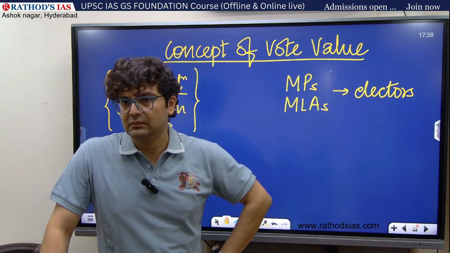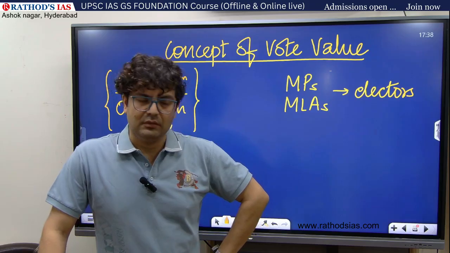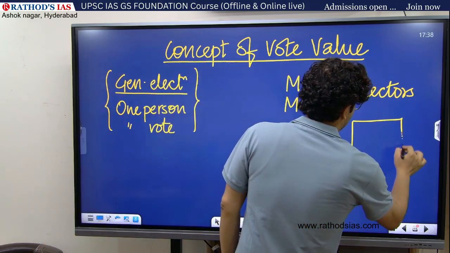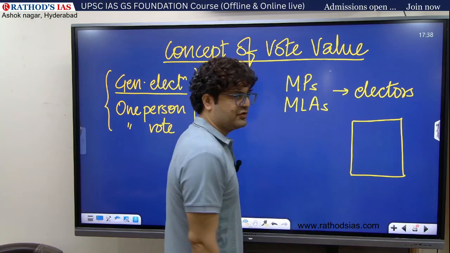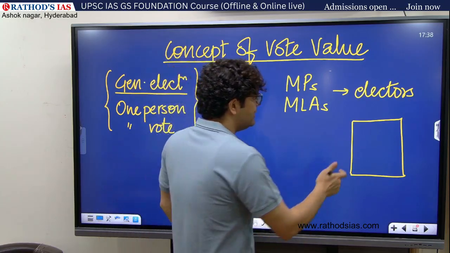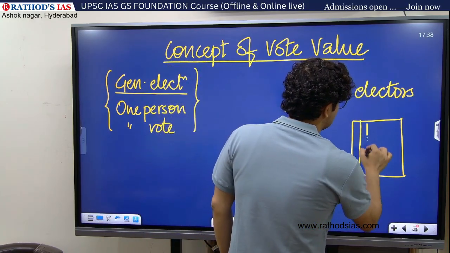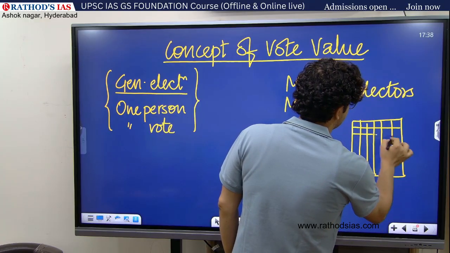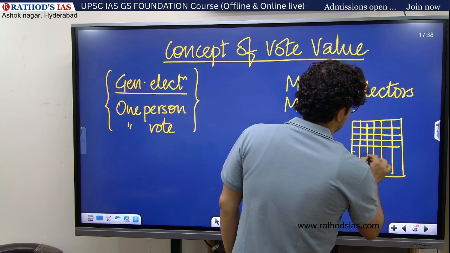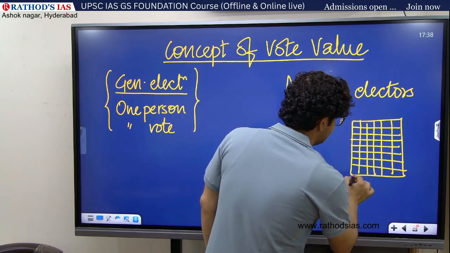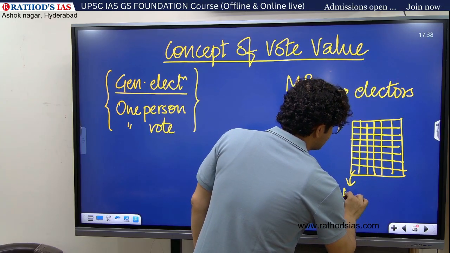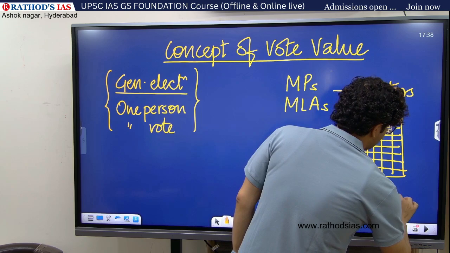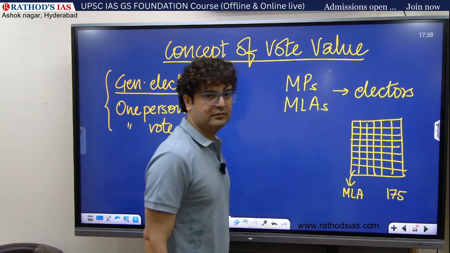MP or MLA? We can also see this very easily. Let's say this is the state of Andhra Pradesh. Now in Andhra Pradesh, you divide the state into 175 small parts, and then from each part people vote to choose one MLA, because your state has 175 MLAs.